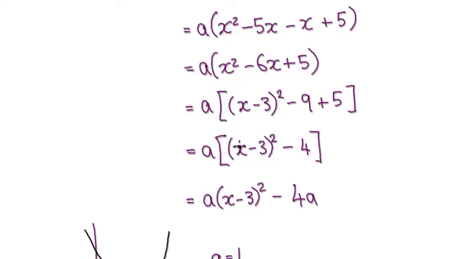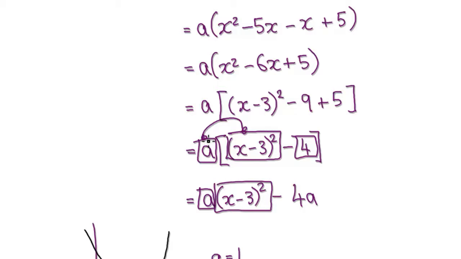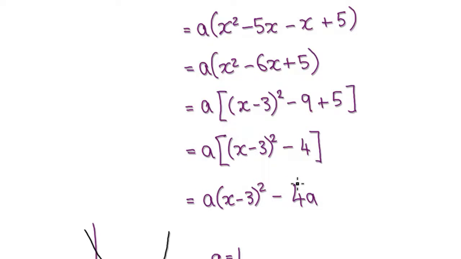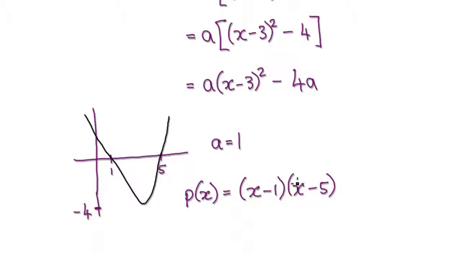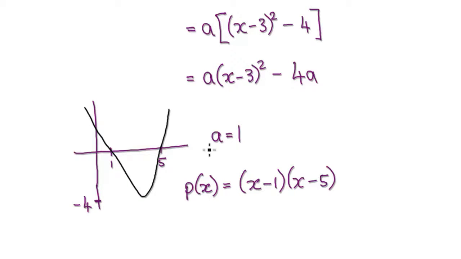And then now you've got one block and another block. This a here is another block. So get this block times this block, that will give you this. And then get the a times the 4, that will give you this. Now, once you're at this stage, you're trying to get the vertex in such a way that it will be -4.